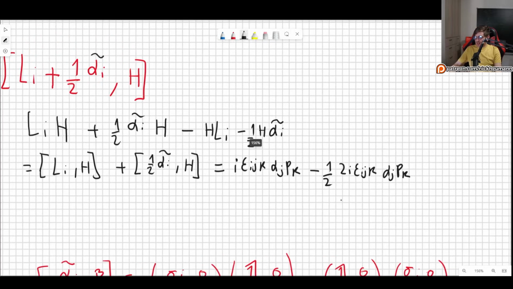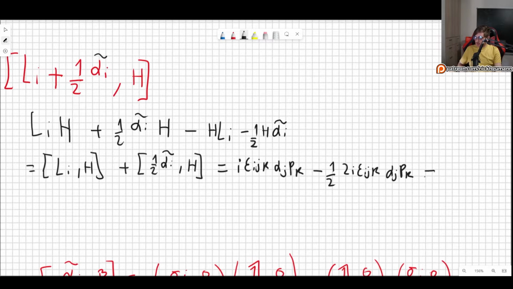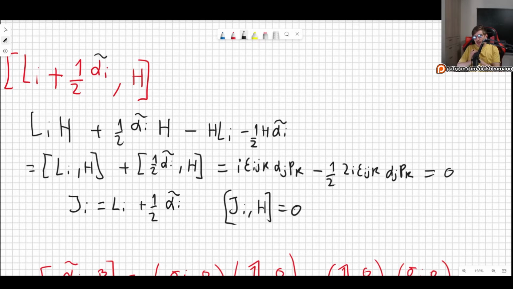So this is 0. So we see that if we take the total angular momentum ji to be Li plus 1/2 of our generalized Pauli matrices, then it commutes with the Hamiltonian, which is exactly what we want. So with this, we basically see that we do have a spin in our system.